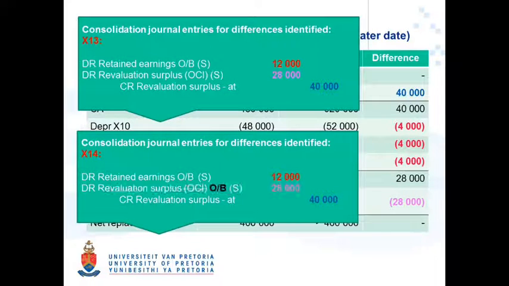And now you cannot have a debit to revaluation surplus through OCI anymore, but a debit to revaluation surplus opening balance of S. In X14, it is the revaluation surplus opening balance of the subsidiary that is too high for purposes of the group financial statements. So your debit goes to revaluation surplus opening balance, 28,000. This journal would then be the journal that you would process for all years in future.